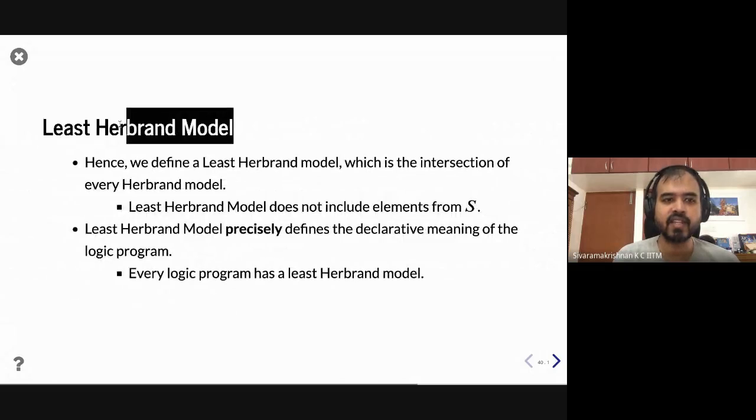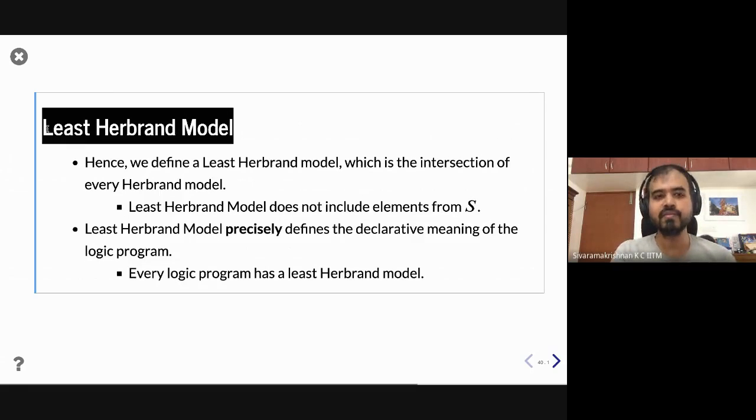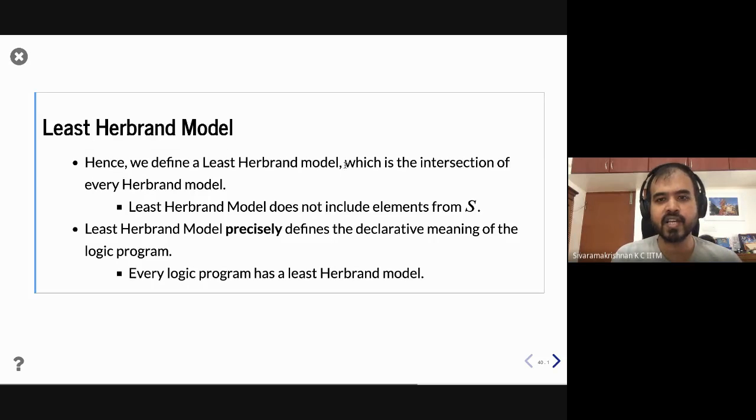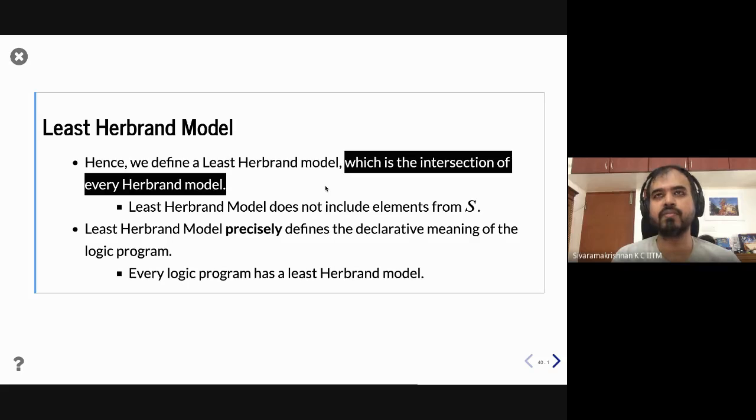Finally, we are going to define the least Herbrand model. This is the mathematicians' way of getting back to the smallest set, the smallest model that you can build, and they have a curious way of describing it: a least Herbrand model is the intersection of every Herbrand model. There are some rules about what should belong to the set, but arbitrary things can also be added.